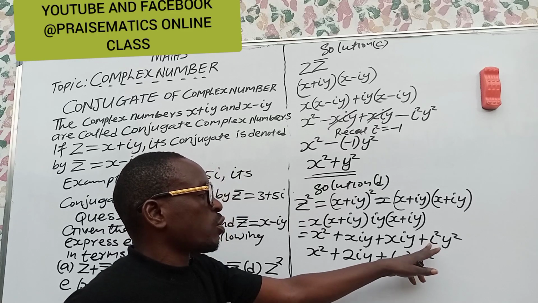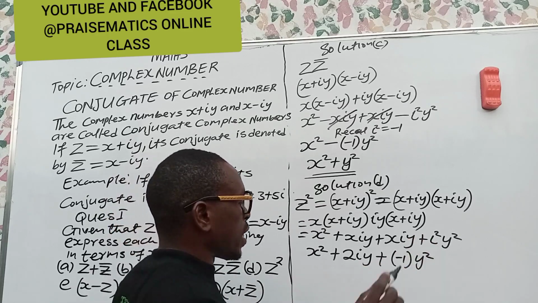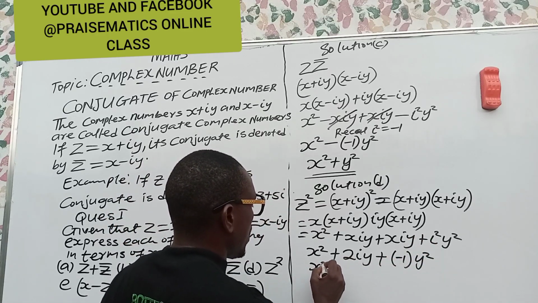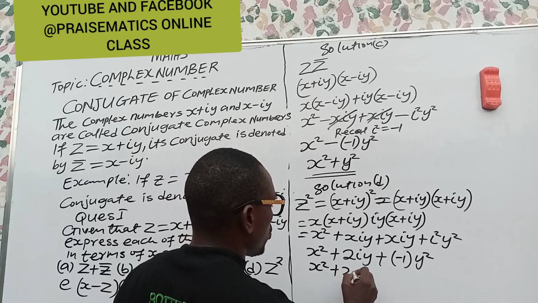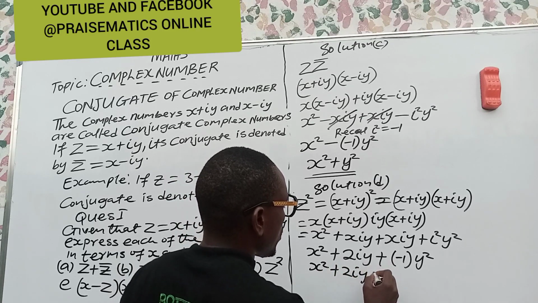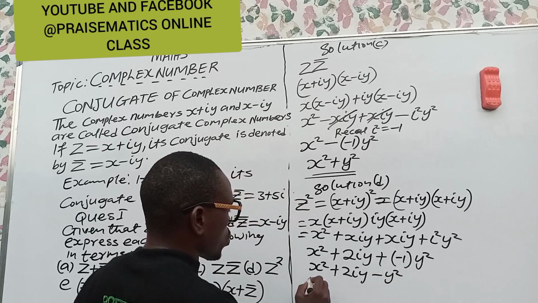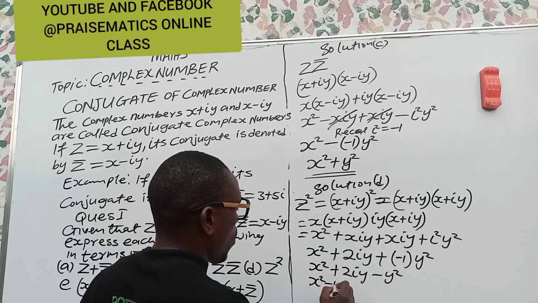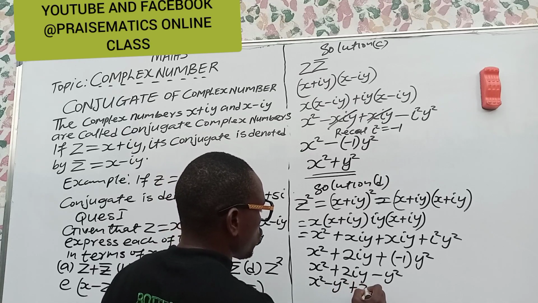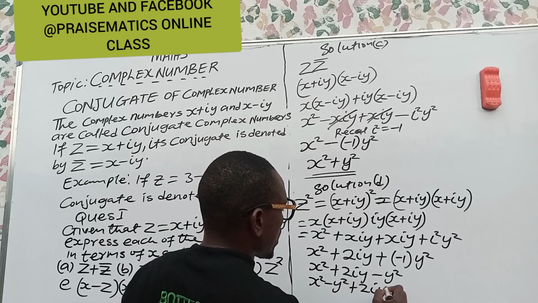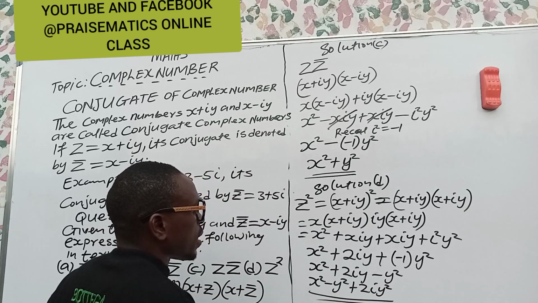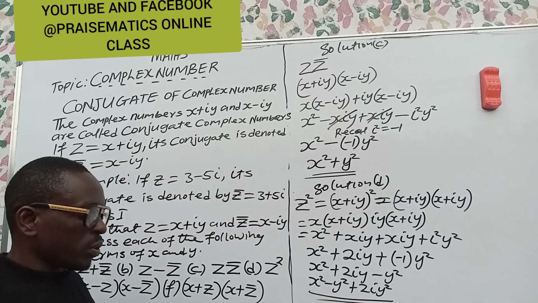Always remember that i squared is equal to minus 1 in complex numbers. Finally, we have x squared plus 2ixy minus y squared, which will give us x squared minus y squared plus 2ixy. And that is the answer. That is how to do it.